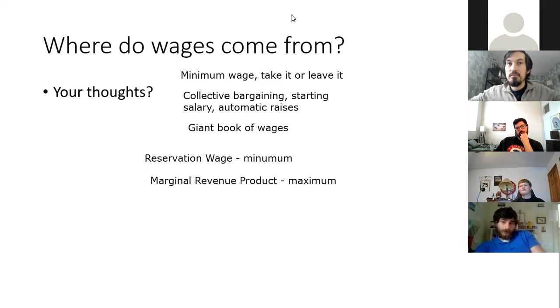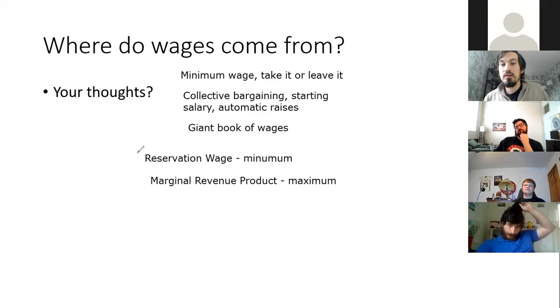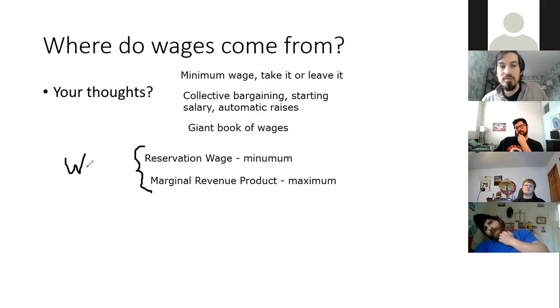Now we can think of the pressure of supply and demand that would affect where, in this range, wages fall. Wages are somewhere in this range, and where in that range is determined by the market forces.